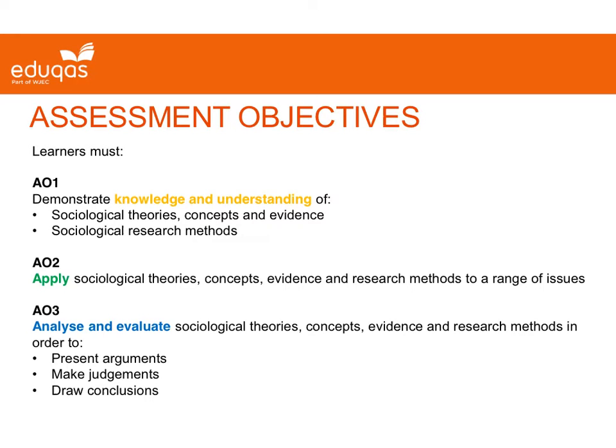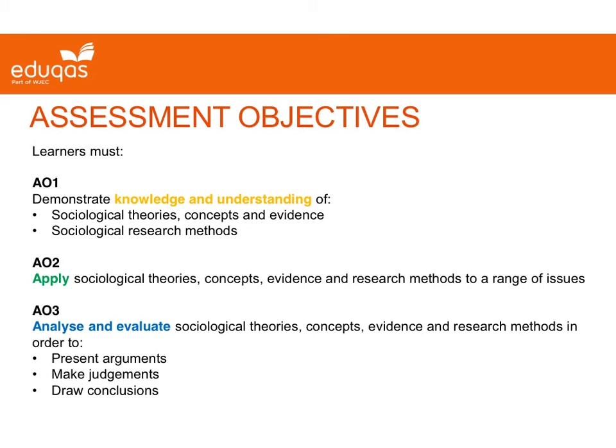And then finally, we have AO3, or assessment objective number 3, which is about analysis and evaluation. And this is about your ability to go beyond a description of sociological knowledge, and it's about your ability to weigh up and make judgments about the worth of sociological knowledge.